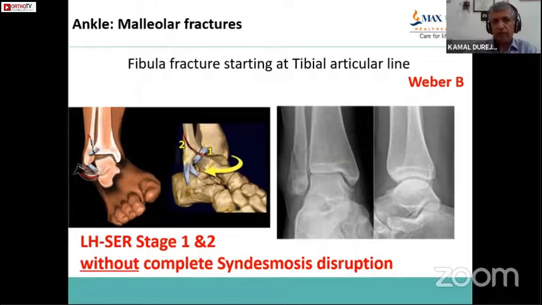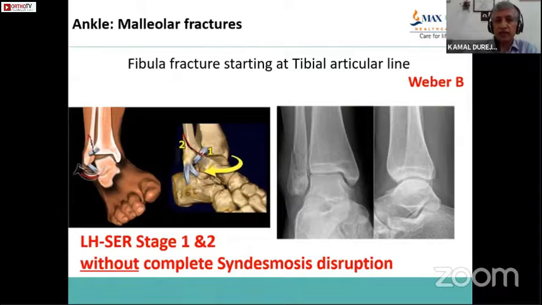This is Weber type B. Now, in Weber type B, the fibular fracture starts at the tibial articular line. Before the fibula fractures, there is a disruption of the anterior syndesmotic ligament because the talus is rotating externally. So according to Lauge-Hansen, these are supination external rotation injuries.